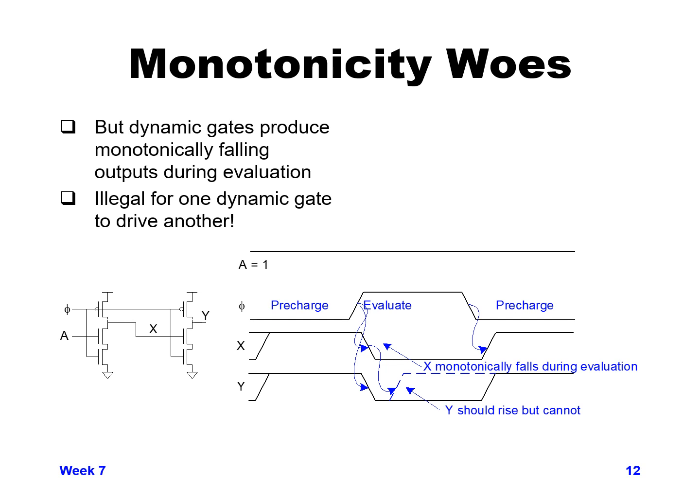Even though X went from 1 to 0, it really didn't want to discharge the second domino stage, but by the time it fell, the second domino stage was already discharged. We want the value of Y to be high, but it can't rise anymore because there is no pull-up device turned on. So in effect, it's illegal for one domino gate to directly drive another domino gate. Because of the monotonicity requirement, we can't have one domino gate directly drive the inputs to another domino gate.